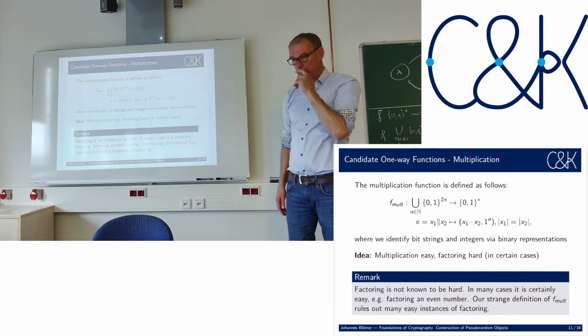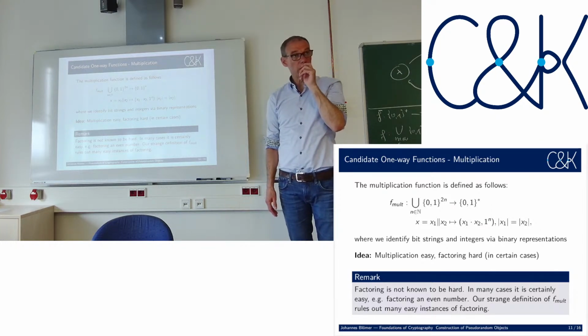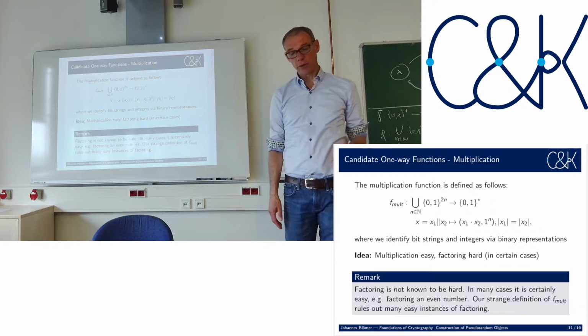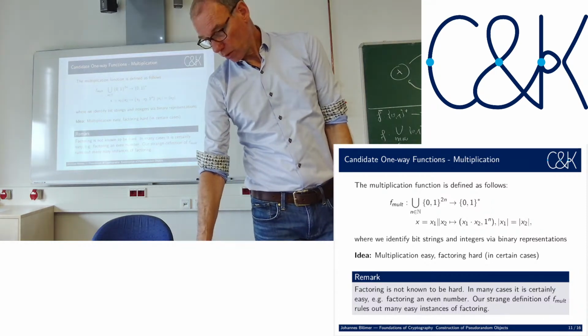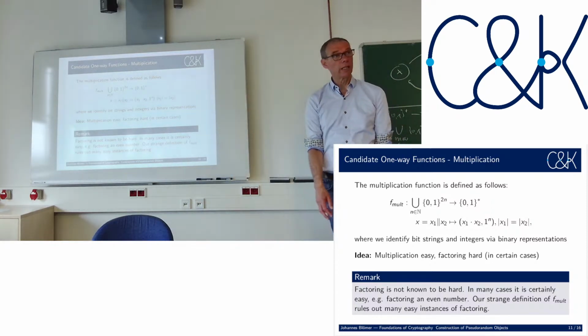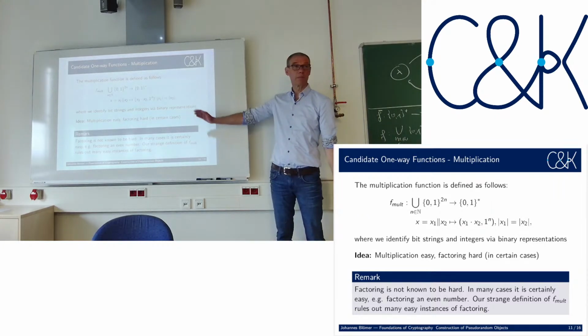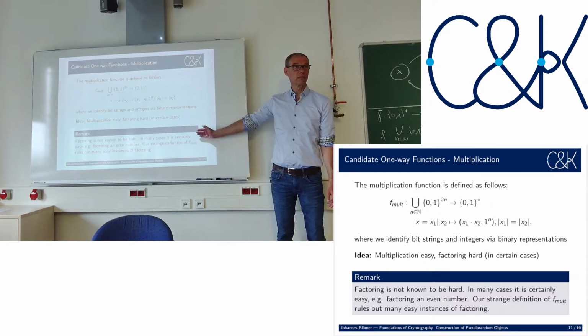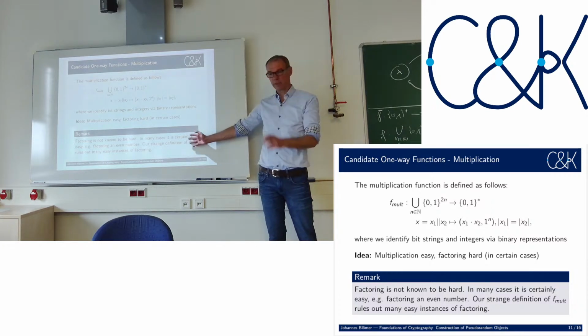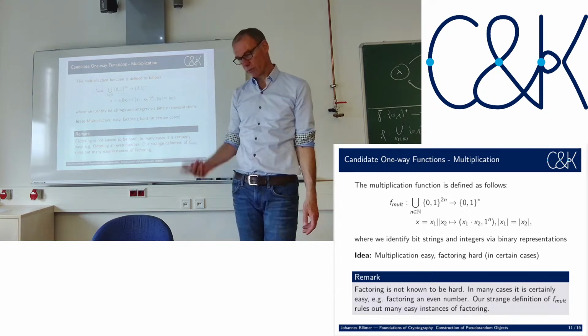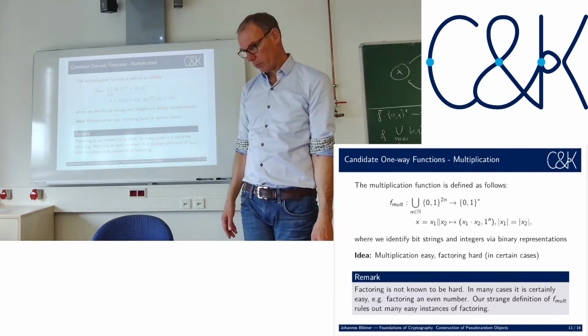RSA, which we'll talk about on Thursday, is something that's based on this candidate one-way function. In fact, we'll see that RSA is based on a one-way permutation a little bit further on.